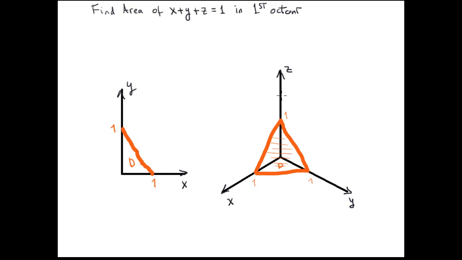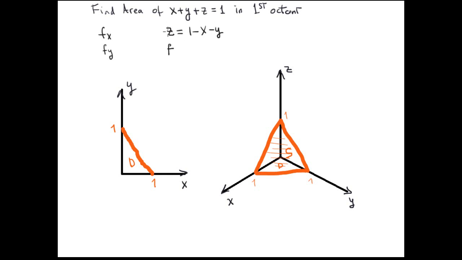Okay, in this example, you need to find the surface area of this triangle. We're using the formula. The formula contains f_x and f_y. What is f? You solve for c: c is equal to 1 minus x minus y.